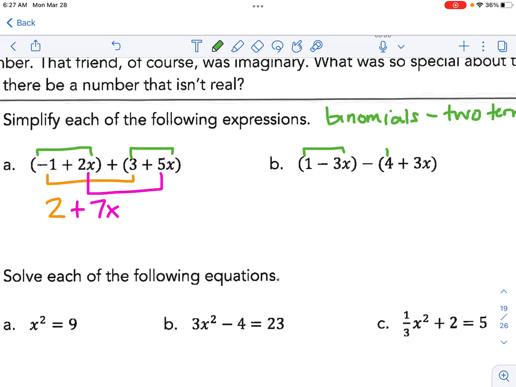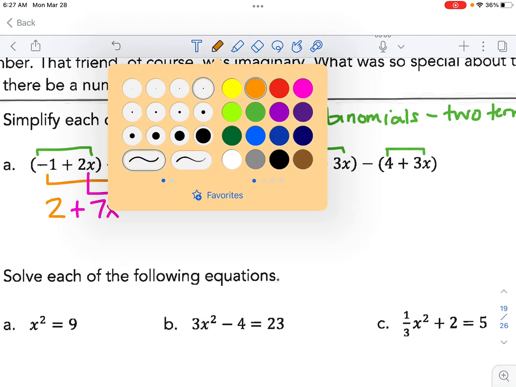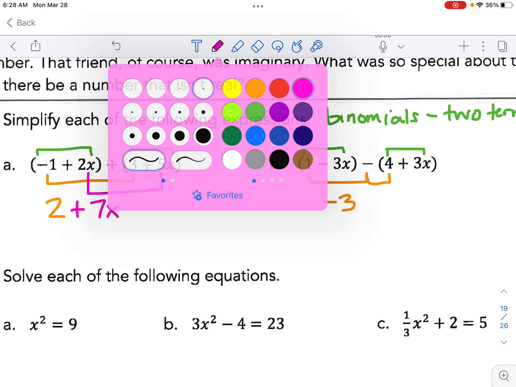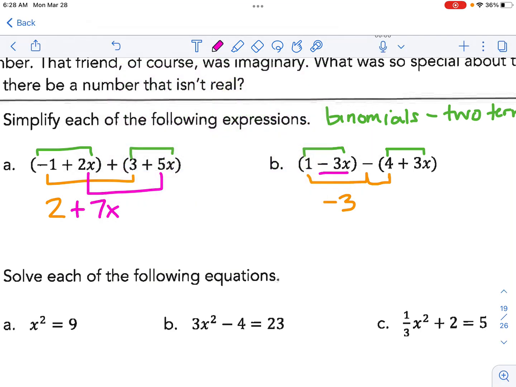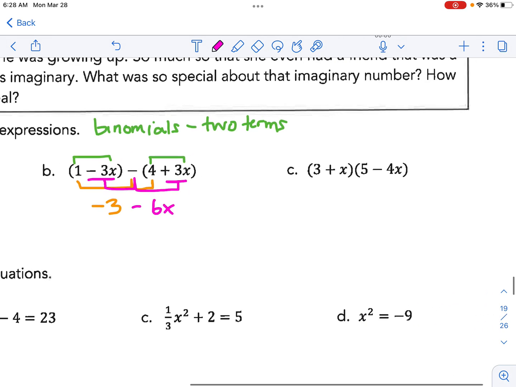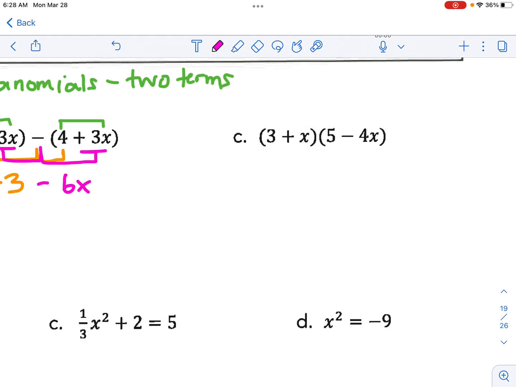In similar fashion, we've got two binomials again, and we can combine like terms. We've got 1 minus 4, which is negative 3. And then we have negative 3x minus a positive 3x, which is negative 6x. We've combined terms like this for years.